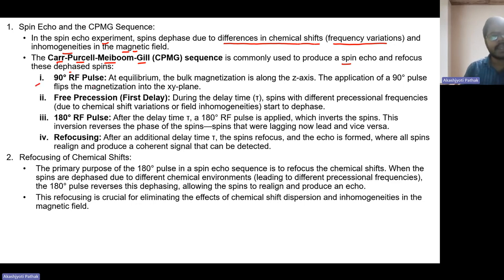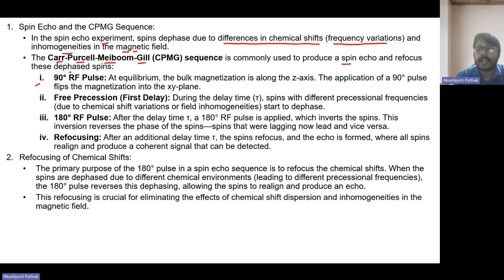As I explained, at equilibrium, first we allow all the nuclear magnetic spins to get back to their equilibrium position. Upon attainment of the equilibrium position, the bulk magnetization will be along the z-axis. And then I'll apply a 90-degree pulse.